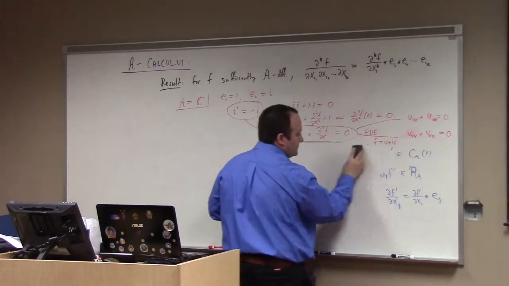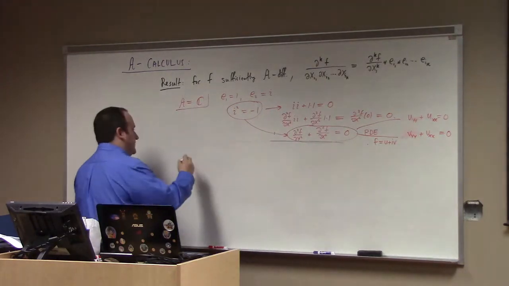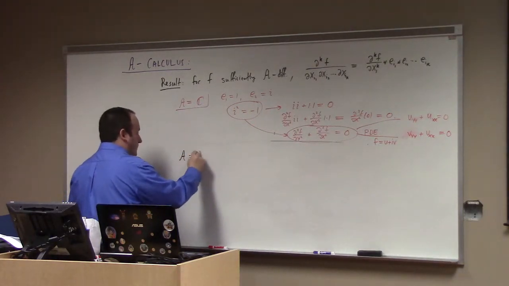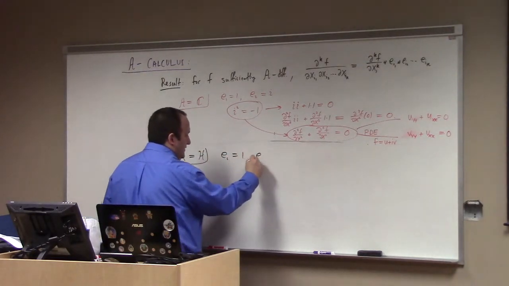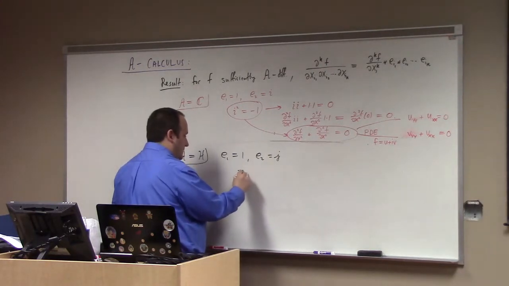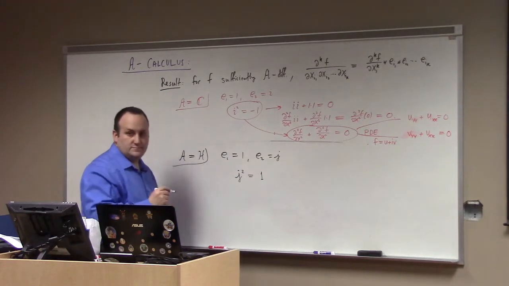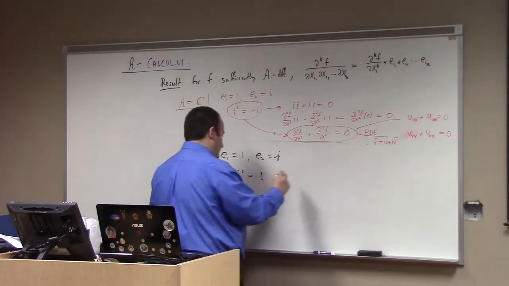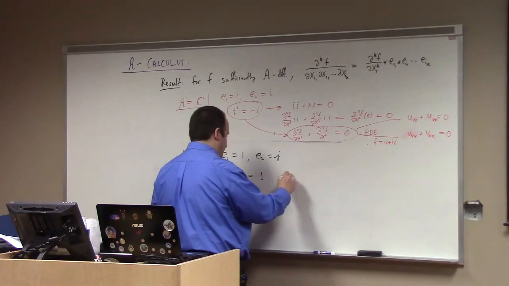What else then? Well, if we look at the algebra of the hyperbolic numbers, there we have e1 equals 1, we have e2 equals j, and the equation that's interesting is j squared equals 1, right? And so I can look at it different ways.